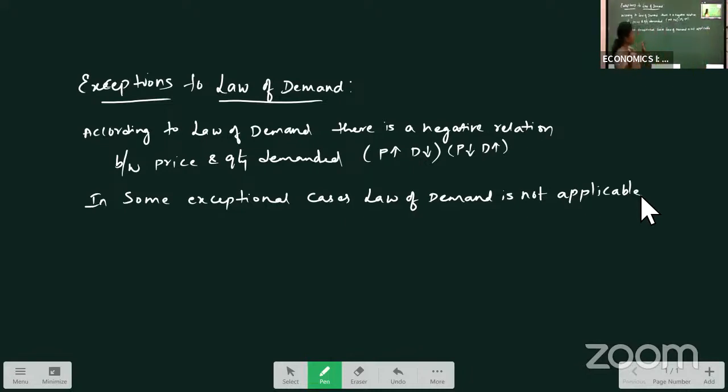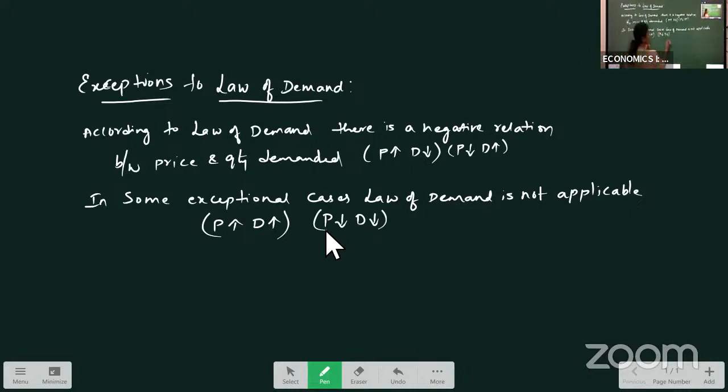That means in certain types of goods, when price increases, demand will not decrease. In some exceptional cases, when price increases, demand increases, or when price decreases, demand decreases.